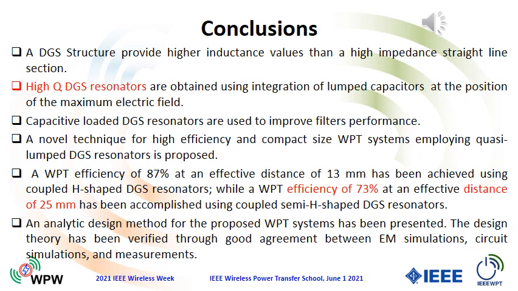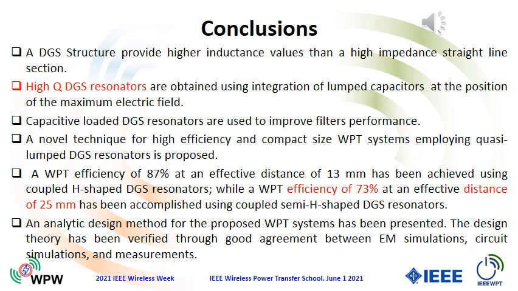High quality factor defected ground structure resonators are obtained using the integration of lumped capacitors at the position of the maximum electric field. Capacitive loaded defected ground structure resonators are used to improve filter performance, and a novel technique for high efficiency and compact size wireless power transfer systems employing quasi-lumped defected ground structure resonators is proposed.